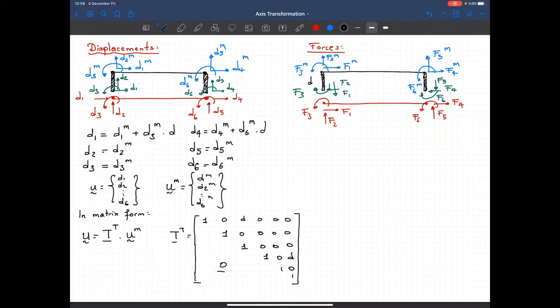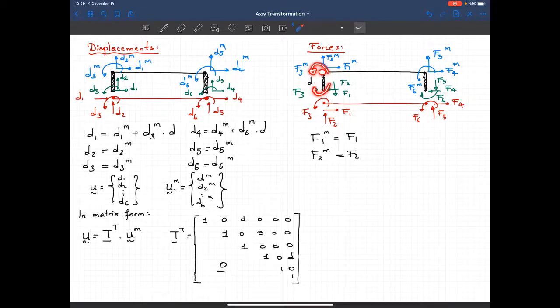So the forces in the X at this node, at this left-hand member should be equal to 0. This tells me that F1M should be equal to F1. The forces in the vertical direction must be equal to 0. This tells me that F2M should be equal to F2. Then I'm taking moment with respect to that point.